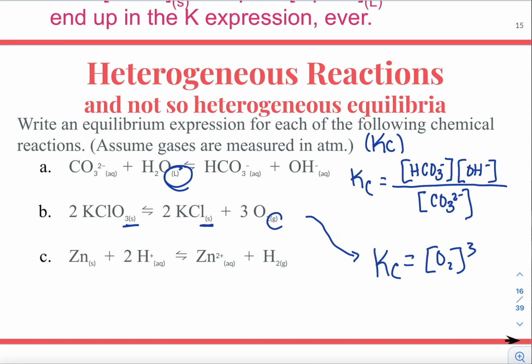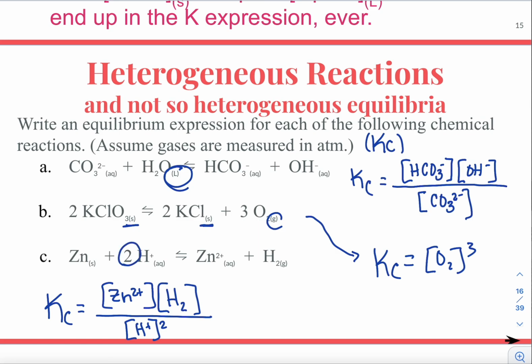That's it. And then for C, we do concentration of Zn2 plus, concentration of H2 over the concentration of H plus squared because of that 2 coefficient. So make sure when you're writing these expressions, you're paying attention to the states of matter because they don't matter very often, but in here they definitely do.